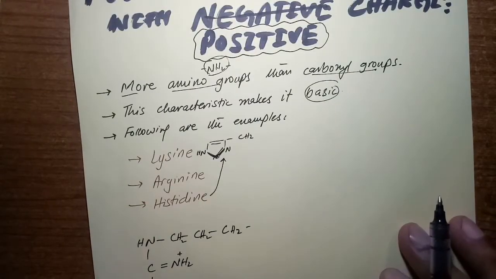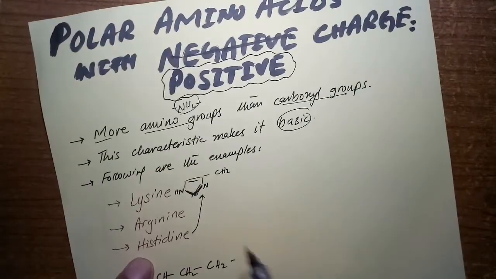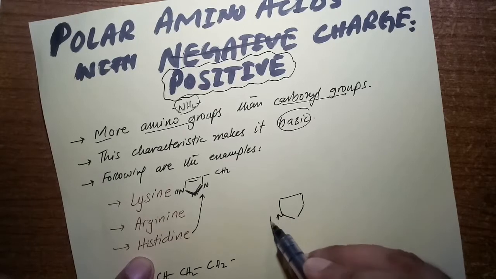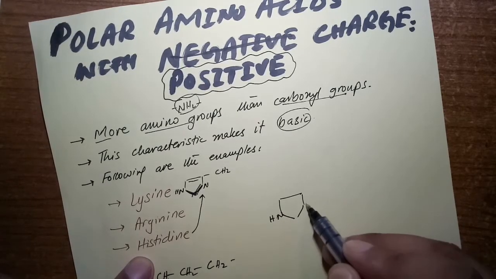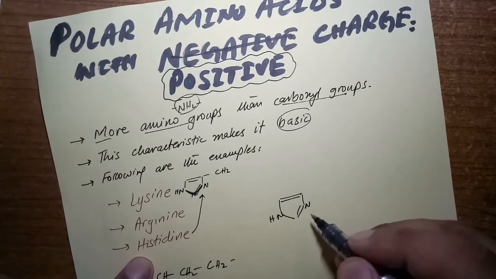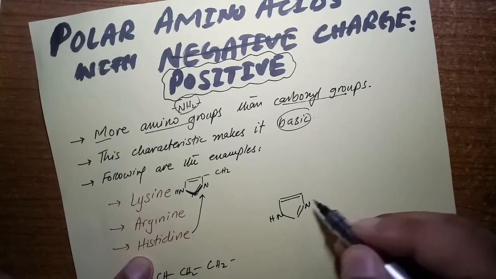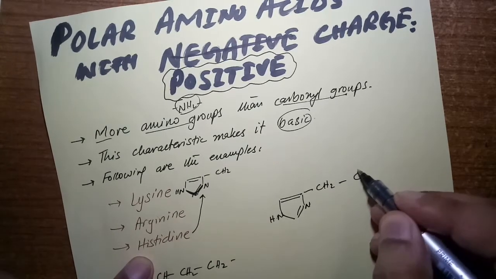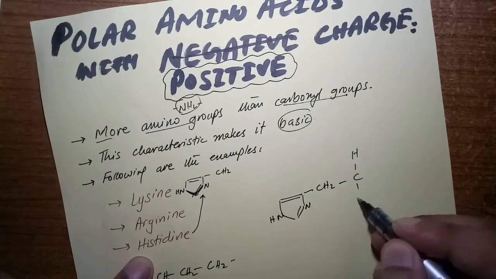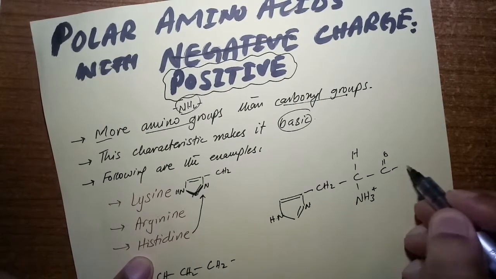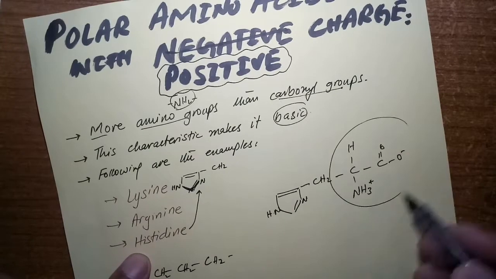And there we have histidine. You're going to make the ring like this, and make nitrogen here with some hydrogen, and nitrogen is bonded to a doubly bonded carbon, and over here you make a double bond again and CH2. Then there we have hydrogen, then an amino group, and then a carboxylic group like in serine formation.